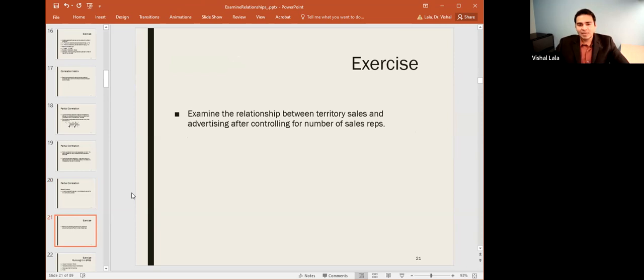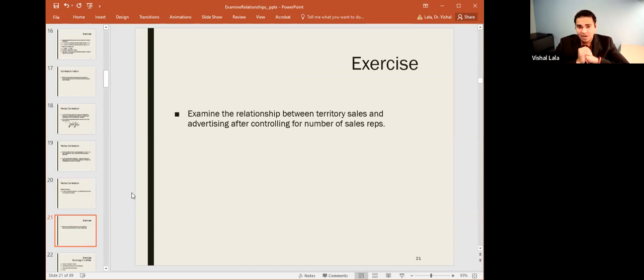Here, we're going to examine the relationship between territory sales and advertising after controlling for the number of sales reps. If one is suspicious that territory sales are high because of advertising, maybe somebody's skeptical and thinks it's not advertising that's tied to territory sales. Maybe there's some other third variable playing a role.